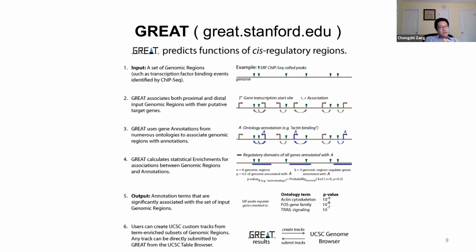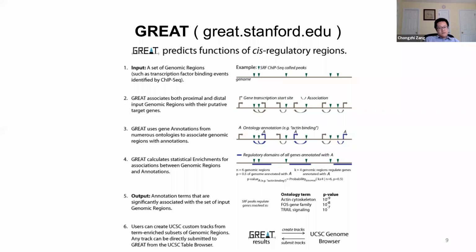GREAT can take in a set of genomic regions, such as transcription factor binding sites or a bunch of ChIP-seq peaks, compare your input regions with the known information from the databases they collected, and give you functional annotation of the regions. One piece of information it gives is how far the peaks in your input are from a known transcription start site, or TSS.